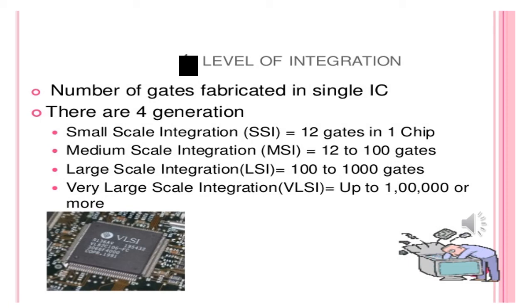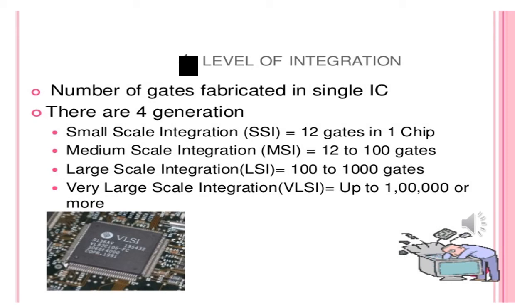In small scale integration, up to 12 gates are fabricated on a single chip, and in medium scale integration, 12 to 100 gates are fabricated on a single chip, and in large scale integration, 100 to 1000 gates are fabricated on a single chip.